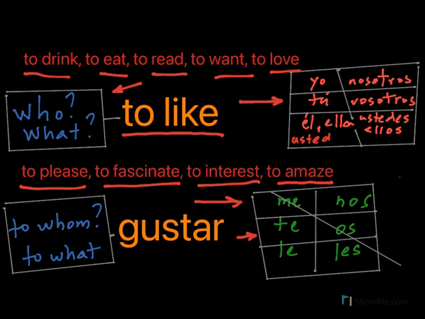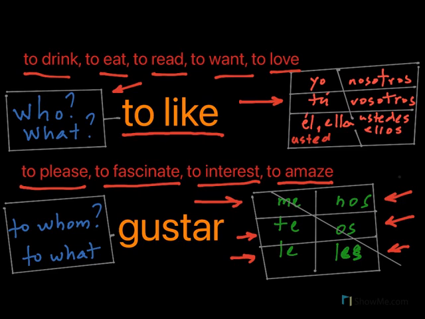And in this case, you are using the object pronouns: me in Spanish, to me, te in Spanish, to you, le in Spanish, to him, to her, to you, sir, madam, nos, to us, os, to you plural, and les, to them.